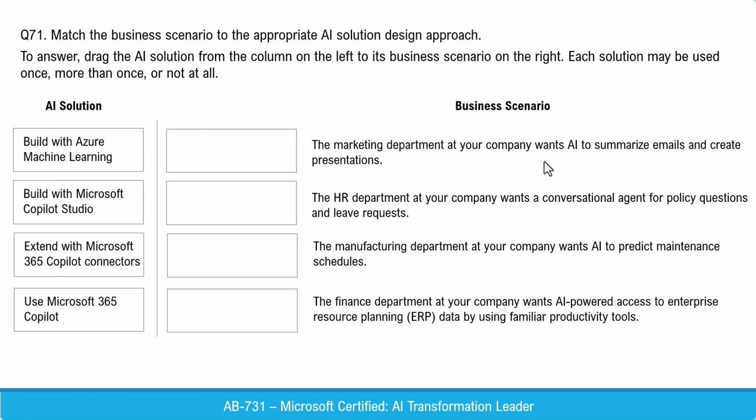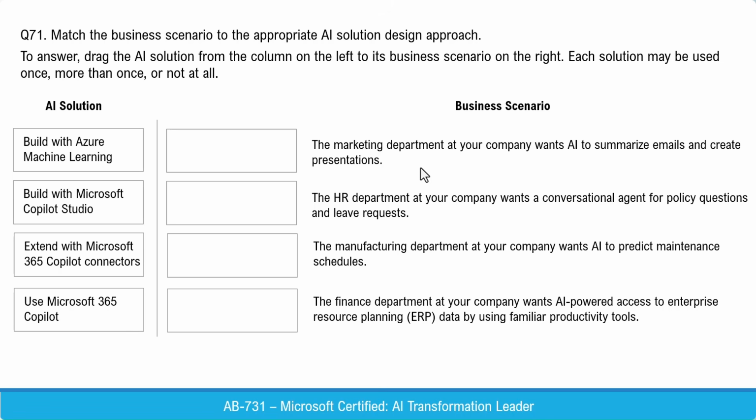In the real exam, you will be required to drag and drop the AI solutions to the appropriate box against the business scenario. For this question, let's map each requirement carefully to the right AI solution. The first one, for the marketing team, the requirement is to summarize emails and create presentations.